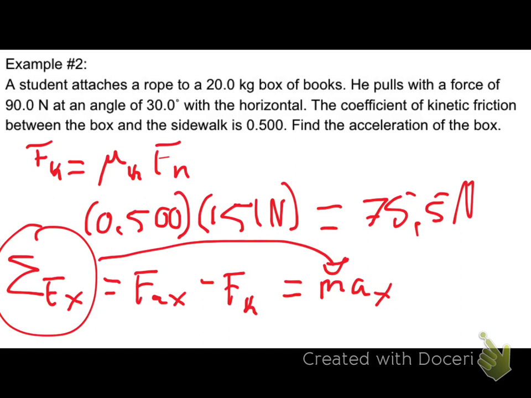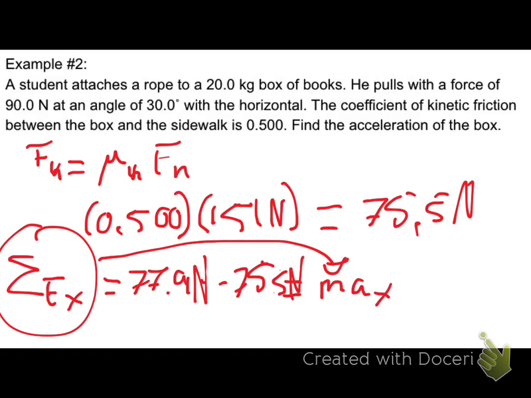So we have a force, let me grab my little eraser. The force applied in the x direction, which we solved for at the beginning, was 77.9 newtons. And the force of kinetic friction that we just now solved for is 75.5 newtons.